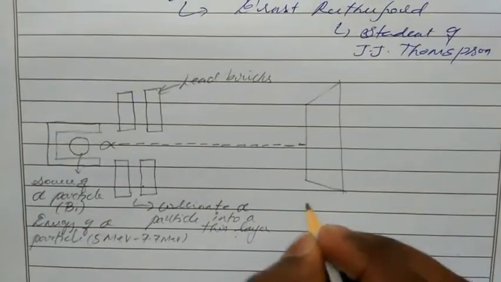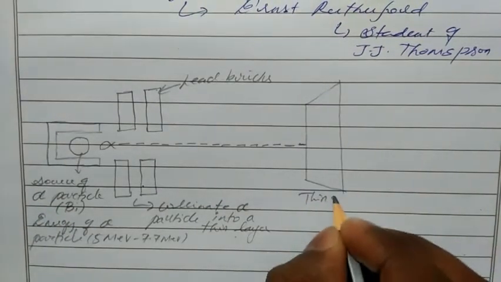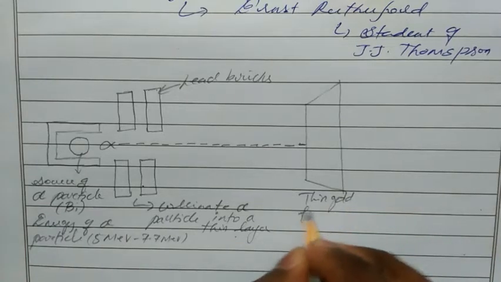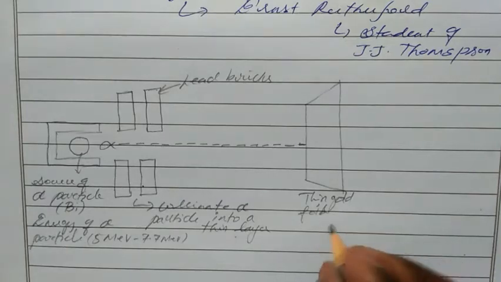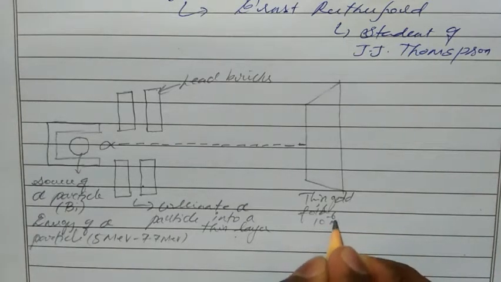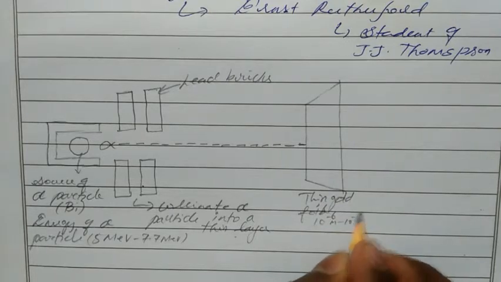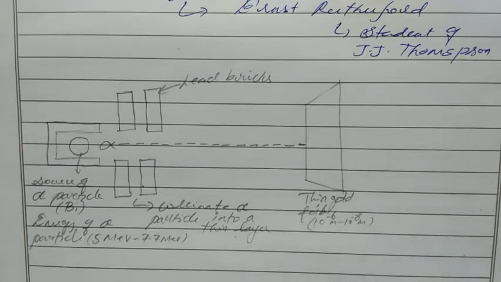We can say this is thin gold foil. So how thin? Nearly 10 to the power minus 6 meter to 10 to the power minus 8 meter. Very thin, much less than 1 mm.